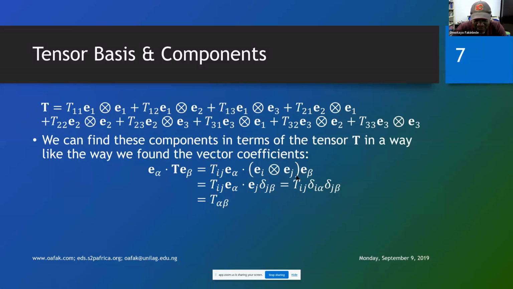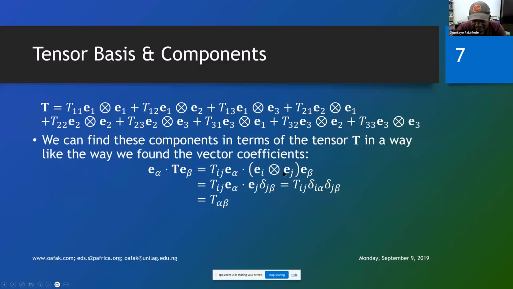So the next line, we open this dyad. You remember that this dyad is simply Ej dot E beta, which is delta j beta, in the direction of Ei. There's an error here.